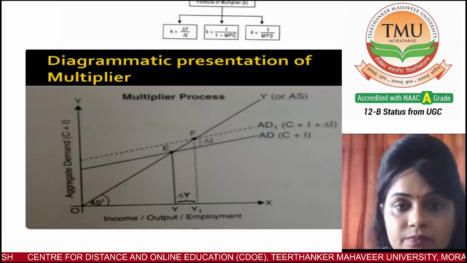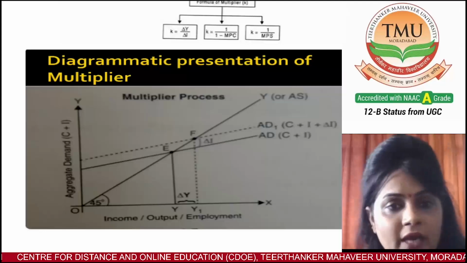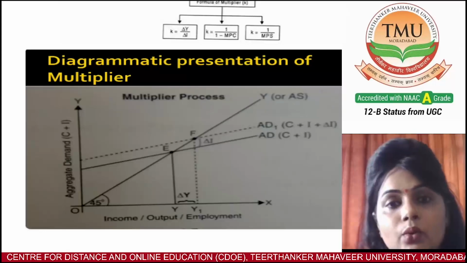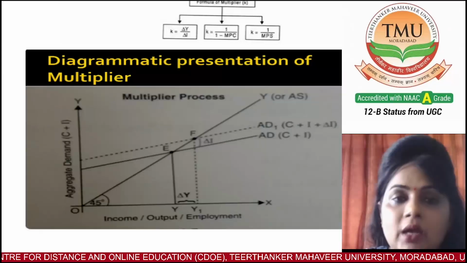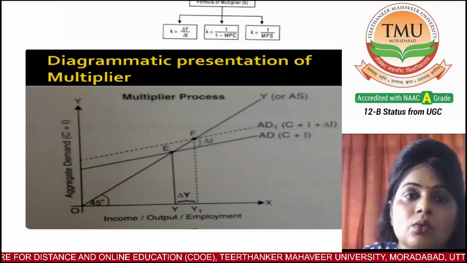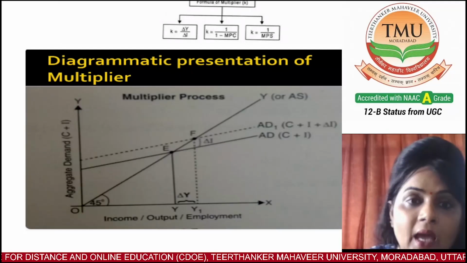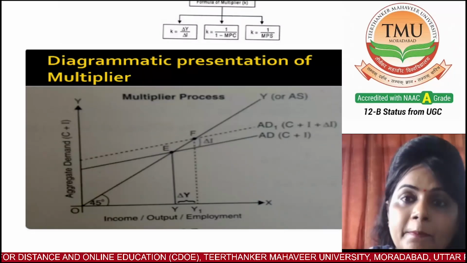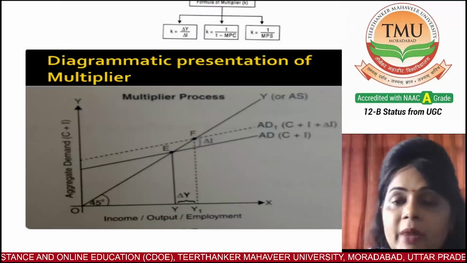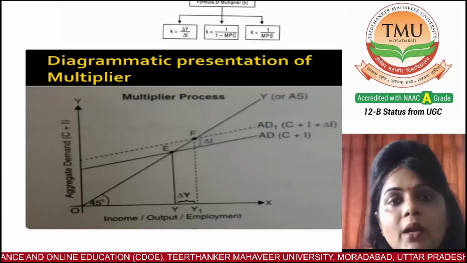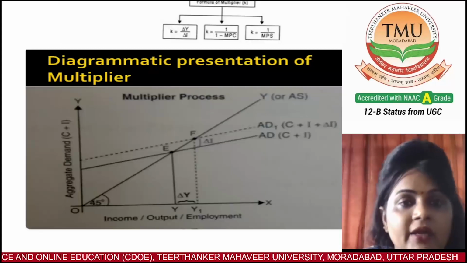Consumption expenditure will continue to rise and the multiplier value will be infinity. So, as K is equal to 1 upon 1 minus MPC, when MPC is 1, K is equal to 1 upon 1 minus 1, that is 1 upon 0, K is equal to infinity.